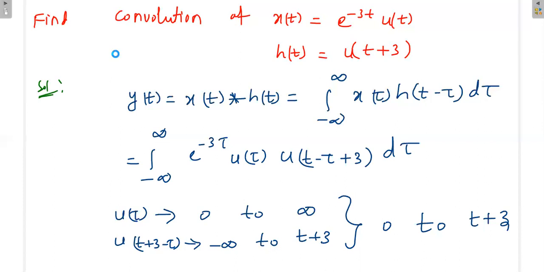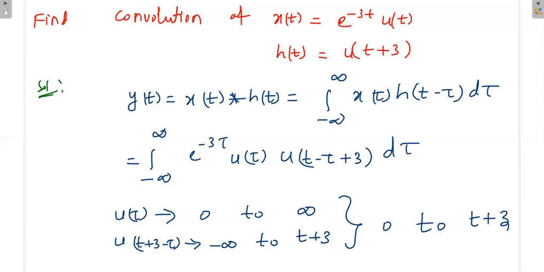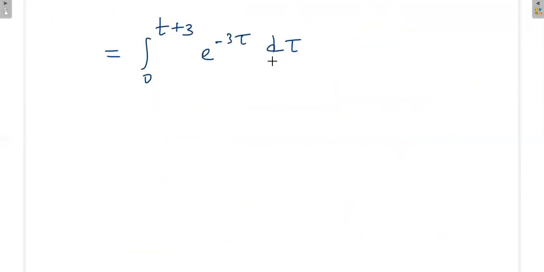So integral 0 to t plus 3, e power minus 3 tau d tau. Then e power minus 3 tau, minus 1 by 3, t plus 3 divided by 0. The lower limit is 0.